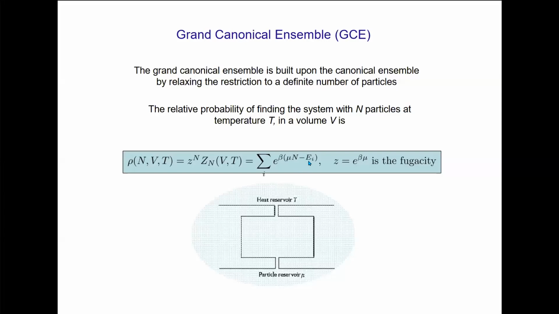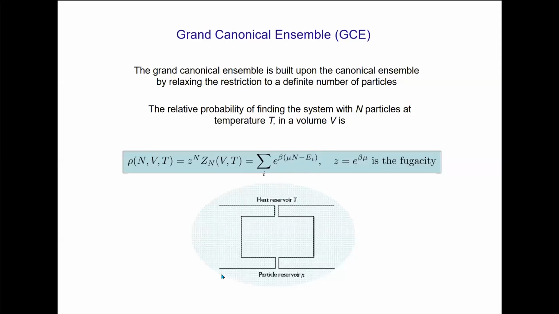This E_i actually depends on the energy levels in the system with n particles. So E_i is not a constant, it's a function of three variables: the number of particles n, the volume of the system, and the temperature, and these are just the energy levels in this system.